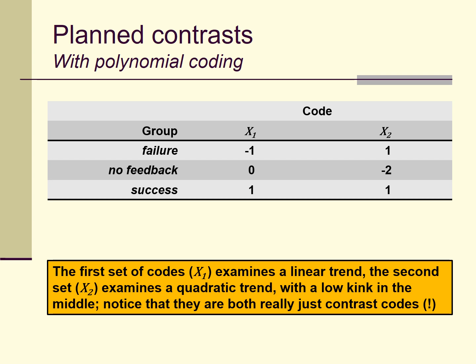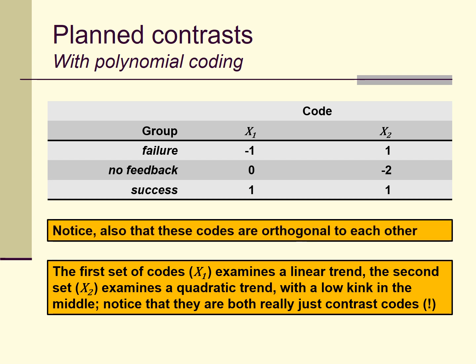Notice that these are just contrast codes. They're not really any different than the other contrast codes we talked about earlier, except that they have an implied trend that goes across them. Notice also that these codes, at least the way I've set them up, are orthogonal to each other.